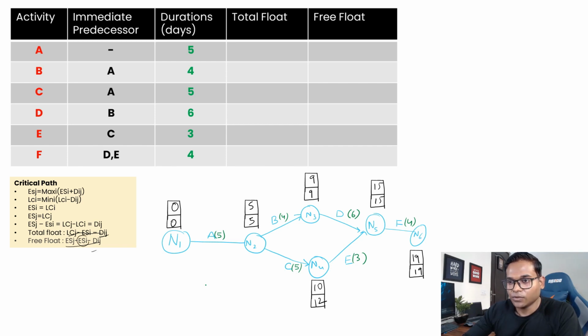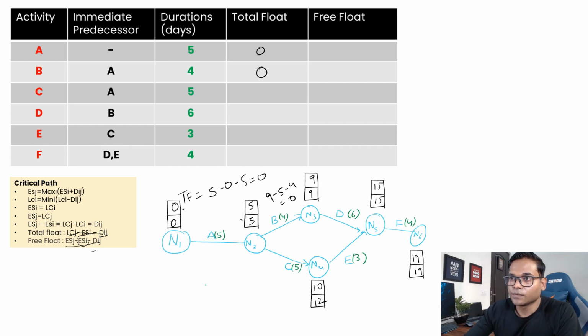So if we calculate the total float, let's say for activity A, the total float will be your LCj, which is 5, minus 0, this is your ESi, and then minus your duration. So it basically means total float is 0. So for activity A, total float is 0. Now for activity B, this is LC 9 minus 5 minus 4, that is equal to 0.